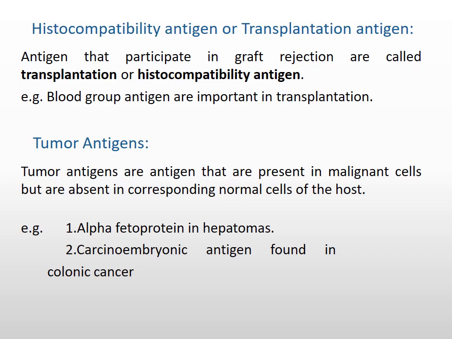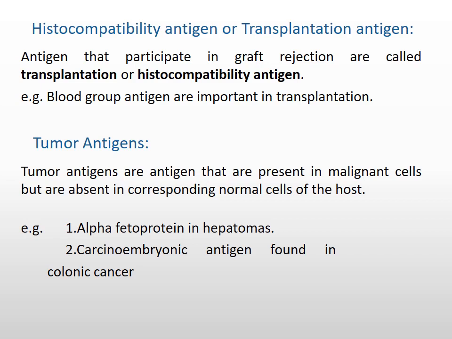So detection of this type of antigen in a particular person obviously leads us to the diagnosis of a particular malignancy. That is why tumor antigens are very important for medical personnel. Some examples are alpha-fetoprotein, which is normally present in the fetus but reappears in some carcinomas like hepatoma.